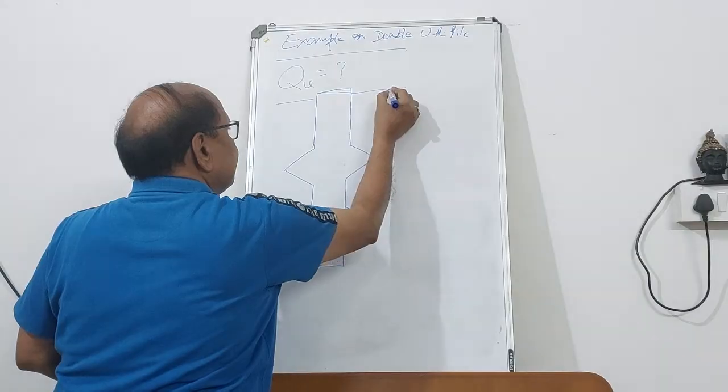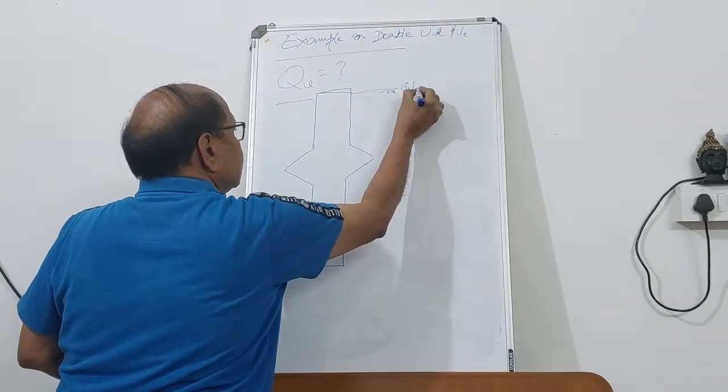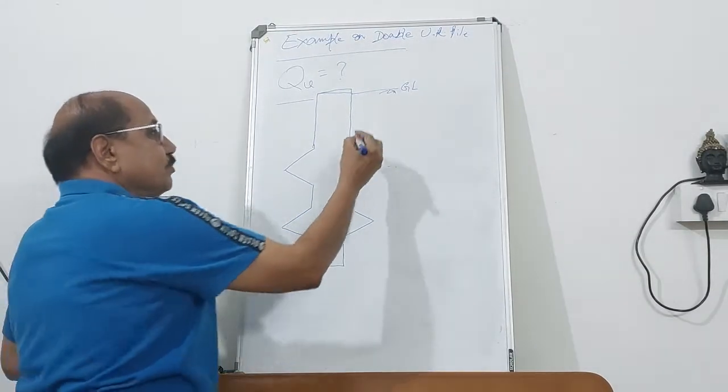This is the double under-reamed pile embedded into cohesive ground.